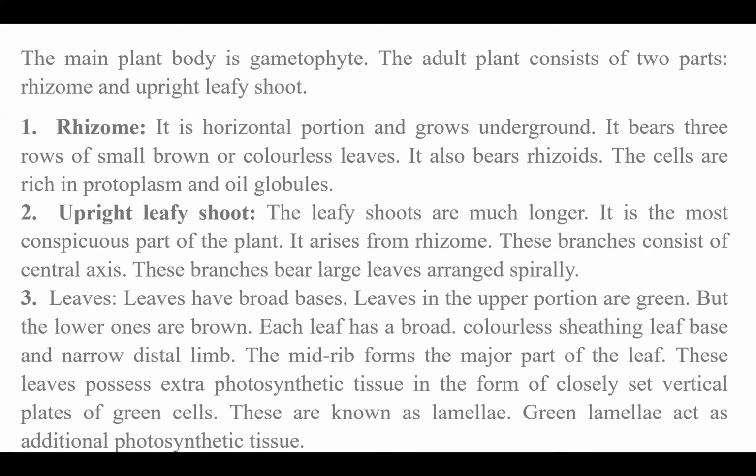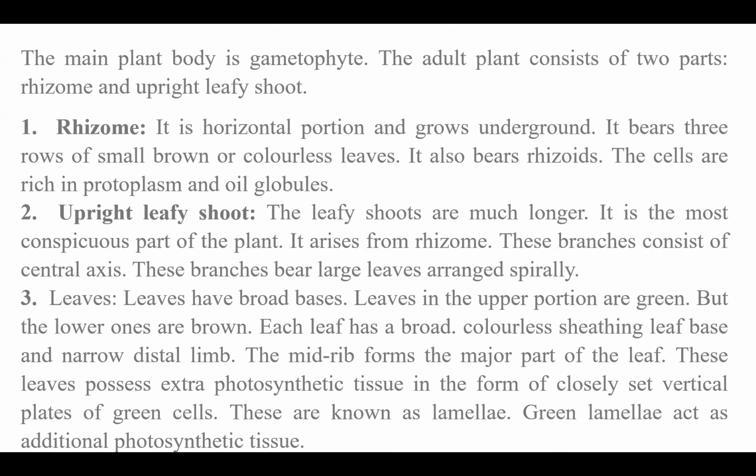Even though it is underground, leaves arise on it, but they do not perform photosynthesis, which is why they are brown in color. Toward the lower side, it produces rhizoids. Rhizoids, as you know, help in absorption of water as well as minerals. The cells of the rhizoids also store food materials, that is, oil globules are present in the cells.